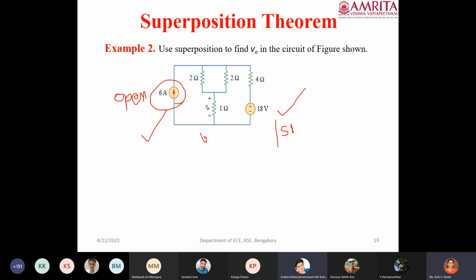You can use the voltage divider theorem, current division, up to you, whatever strikes your mind, because that will come when you practice more. If you practice more, immediately it will come to your mind. Yes, I can apply the voltage divider theorem here, and then immediately I can find out.